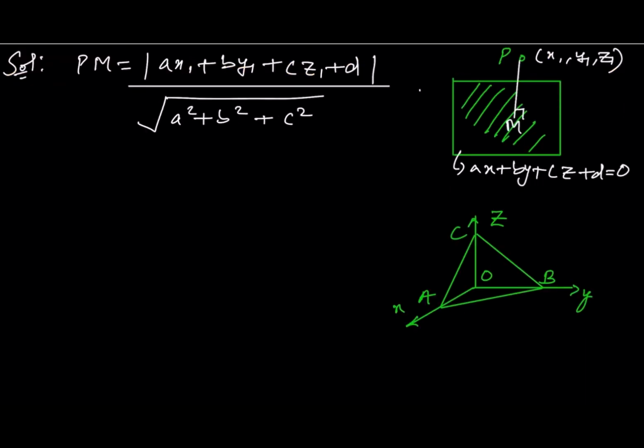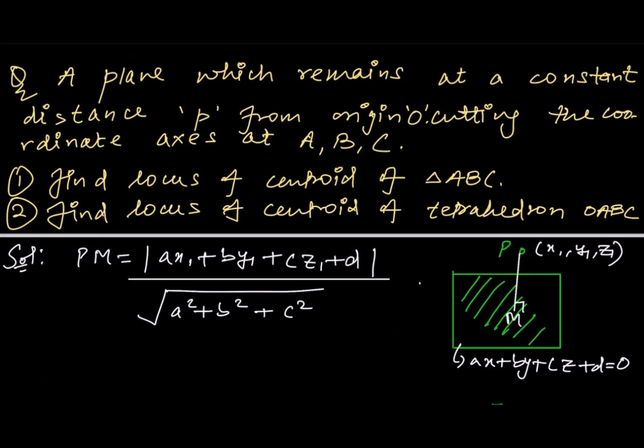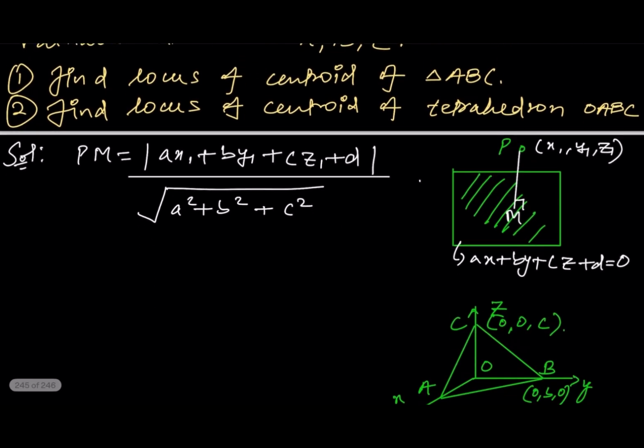Let's say the coordinates of A are (a, 0, 0), for B it is (0, b, 0), and for C it is (0, 0, c). Okay.